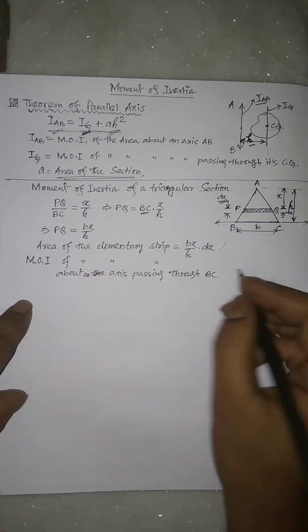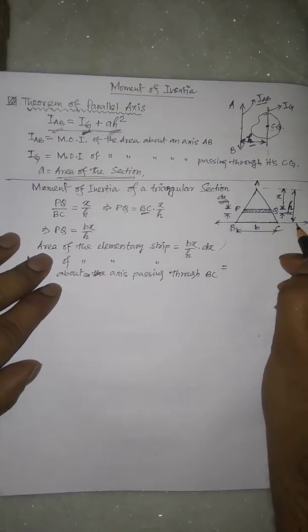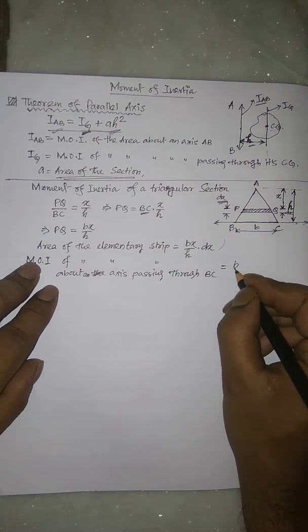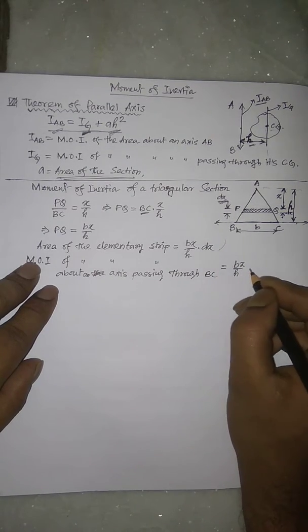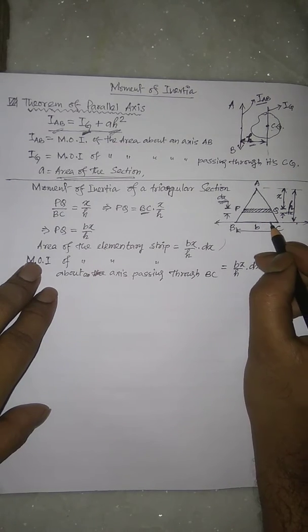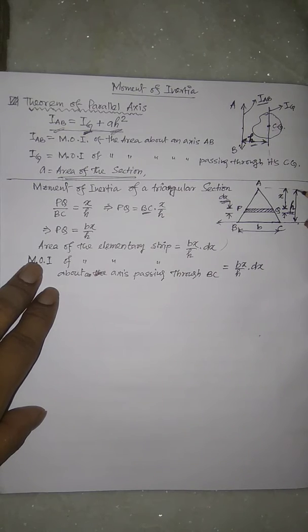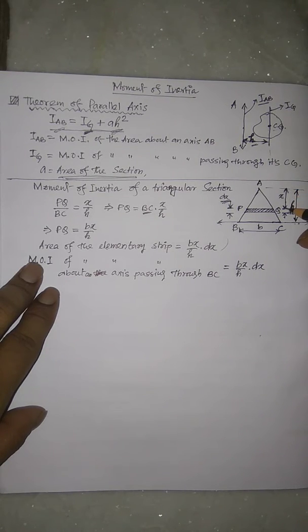About this axis it is equal to the area multiplied with the square of the distance of the strip from this axis. The area is bx by h into dx, and the distance of this strip from this axis is h minus x, because this is the height h and this distance is x.